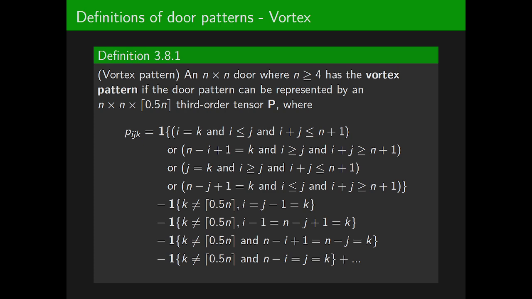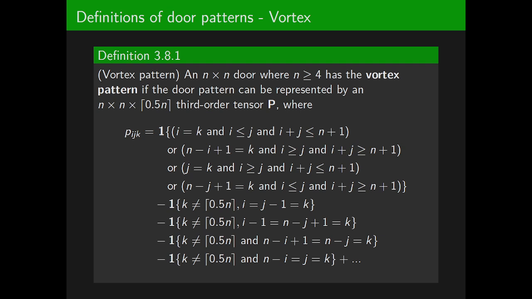We have a bunch of indicator functions, or an indicator function mass, and then minus indicator functions, 4 of them. You really haven't seen much of minusing indicator functions. Well, you have seen it in the Cave Door one, but it's only regarding the size of the third order tensor.